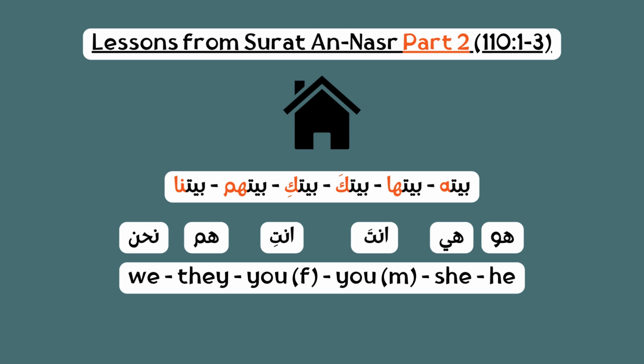If you want to say baitak or baituka, this is your house, talking to a man. If you want to say baitik, or baituki, there's baitak and there's baitik. One has the fatha, the other has the kasra. You're talking to a lady: it's your house.